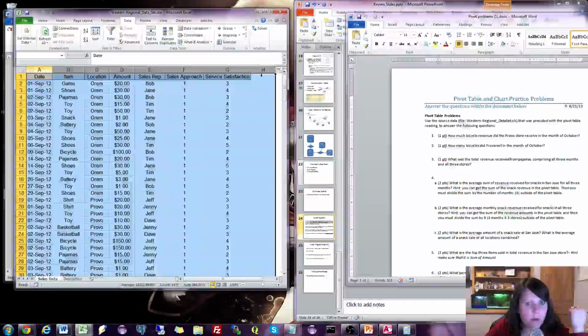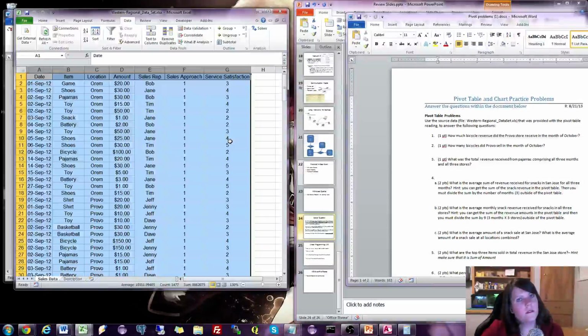So again, for each question, I believe the setup is you will download the Excel file, and it will already be divided up into tabs for you. So essentially on each tab, you'll have the opportunity to create the pivot table that you need.